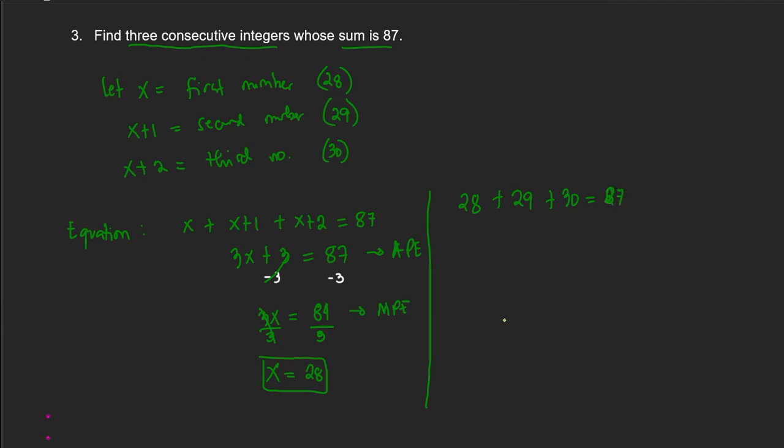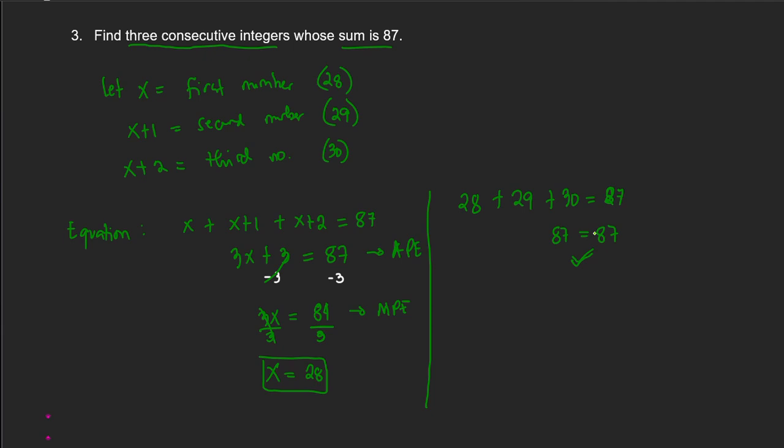Now let's try. If you have your calculator with you, you can check. So 28 plus 29 plus 30, so that is equal to 87. So again, our solution is also correct. And that's how you're going to solve the given problem.